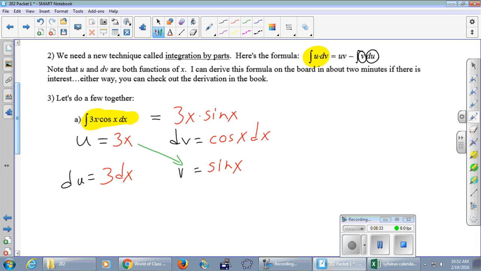And then continuing in the formula, we just wrote uv. What's the next thing? Minus. What's the next symbol in the formula? Integral. And now we just have to find the right pieces. It says v times du. And if you write it in this way, v times du is always on the bottom. Those two things multiplied: sine of x times 3 dx.